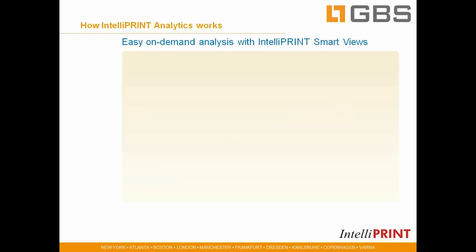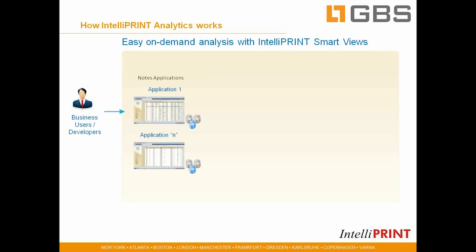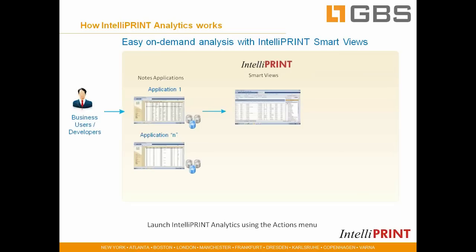And here's how it works. This is a very high-level snapshot of how IntelliPrint Analytics works. Here you have the business user who comes to his notes applications, and all you do is go to the Actions menu, launch the tool, and as soon as you launch it, you will see the Smart View.